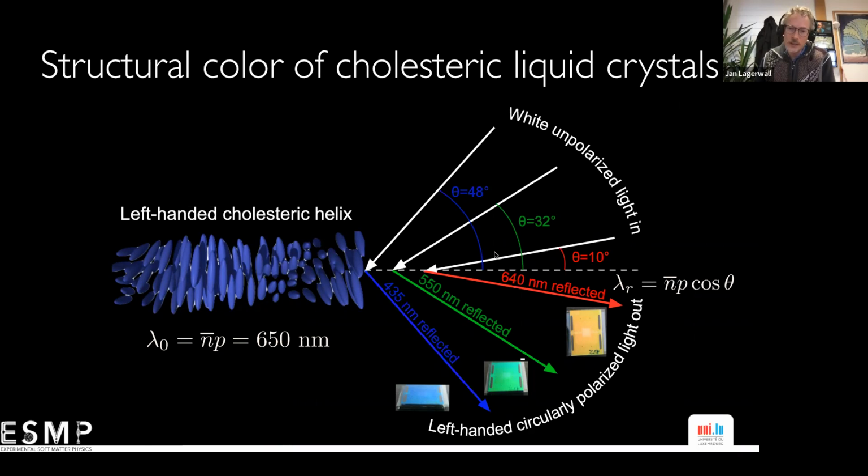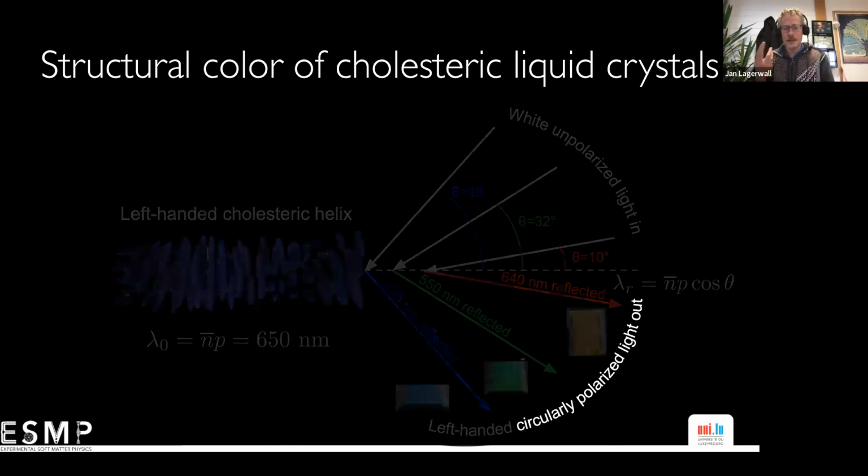But if you have inclined incidence, then the slightly inclined reflection is blue shifted to slightly lower wavelengths. And if you continue this, you see that it goes from orange to green to blue. This is the same sample that we just look at along different orientations. So this is red if you look at it straight on, and as you change your viewing angle, it goes from red to blue.